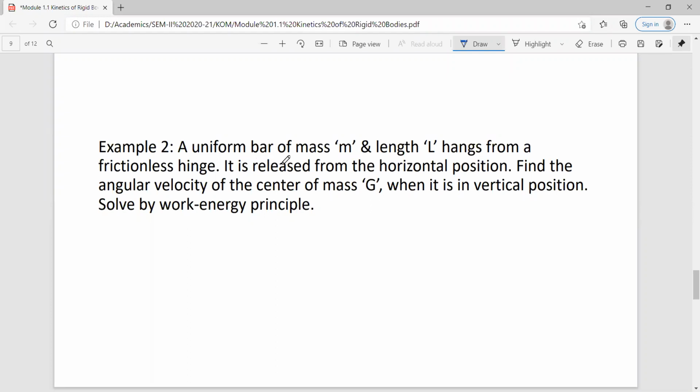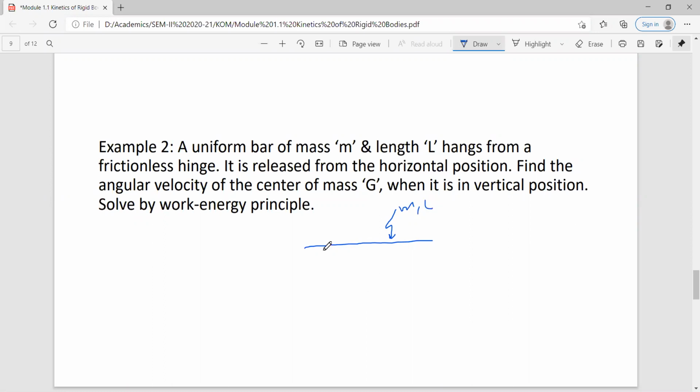It is released from the horizontal position, okay. So it is like this. Bar is there, a rod is there. It has mass m, and length given to us is L.